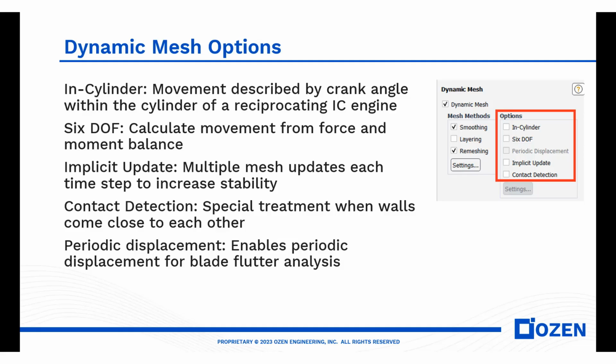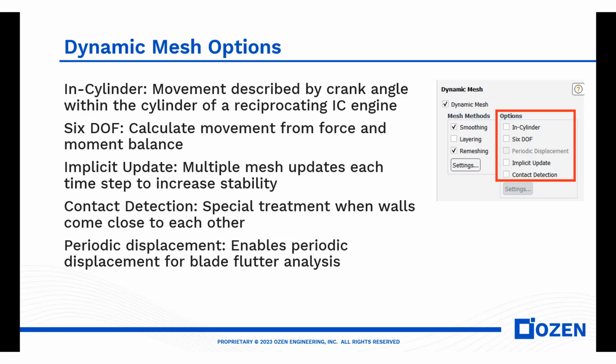Implicit updates is when we need multiple mesh updates during each time step to have better stability of the solution. We have two time steps when running a transient simulation with dynamic mesh. One time step is for the dynamic mesh, which depends on the size of the smallest mesh element that we have and the maximum expected velocity for the mesh motion.